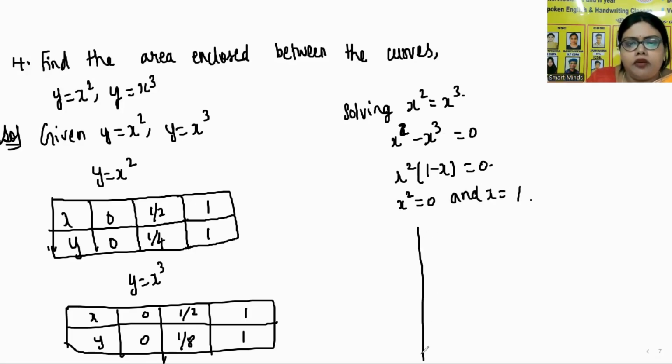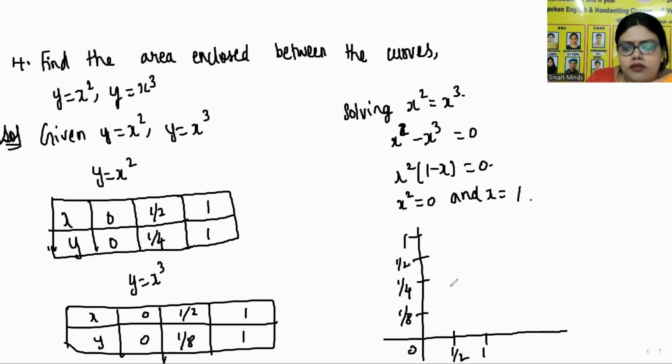So if we plot a graph, suppose this is 1 by 2, 1, this is 0, 1 by 8, then 1 by 4, then 1 by 2, and then 1. So you will get 0 comma 0 is the origin, then 1 by 2 comma 1 by 8 is over here, then 1 comma 1 is over here.